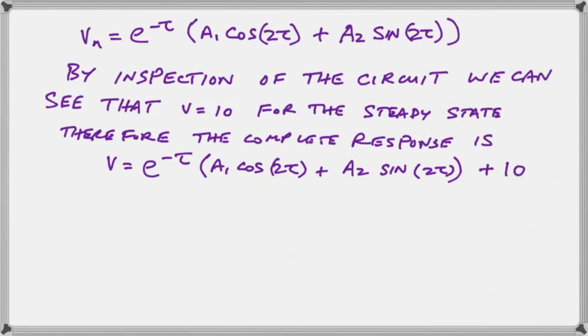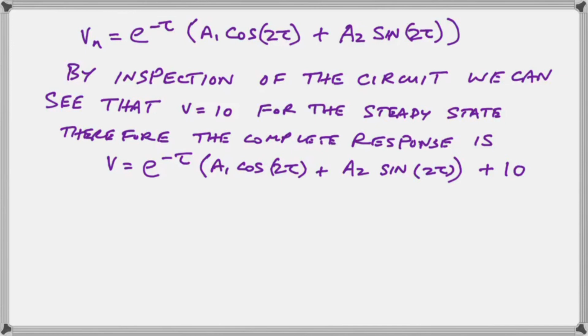Now, by inspection of the actual circuit, we can see for ourselves that when the capacitor is fully charged, current will cease and the actual value of V will be 10. But the solution that we have above makes no provision for that, because the exponential term is going to die out, and therefore V will go to 0, and that's not the steady state. The steady state is actually 10.